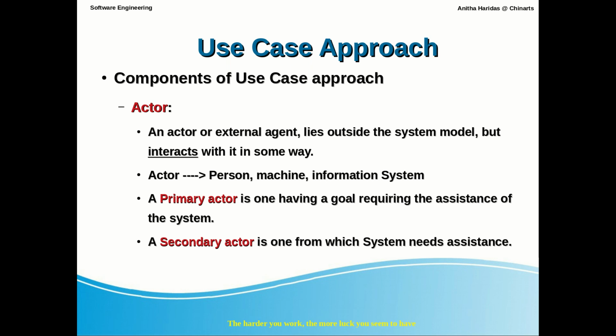Whereas a secondary actor is the one from which the system needs assistance. So if the system wants to complete the task of online payment, it needs another system which can be called a payment gateway. So it can be called a secondary actor. So the primary actor here is a student, and the secondary actor here is a payment gateway. So these two things can be called actors in a use case approach.